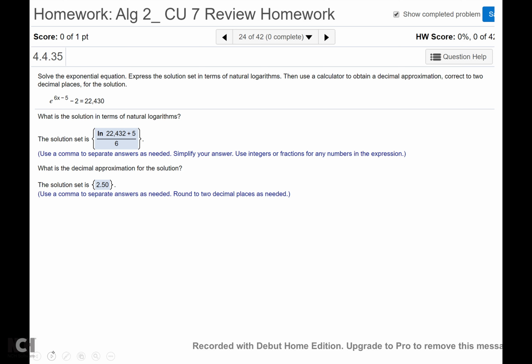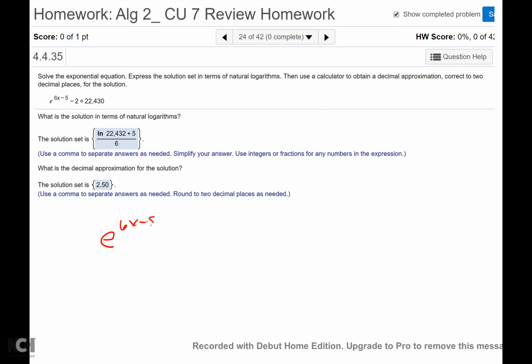Okay? It says solve the exponential equation. Express the solution set in terms of natural logarithms. Then use a calculator to obtain a decimal approximation correct to 2 decimal places for the solution. So I have to isolate.